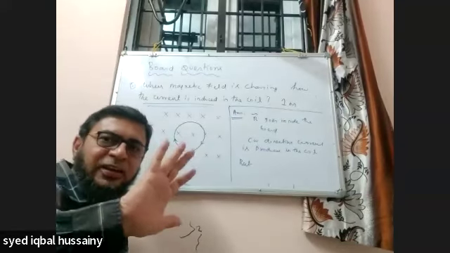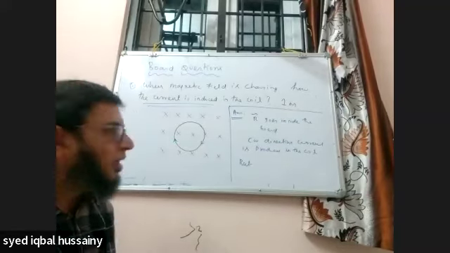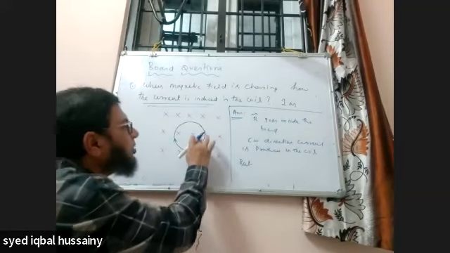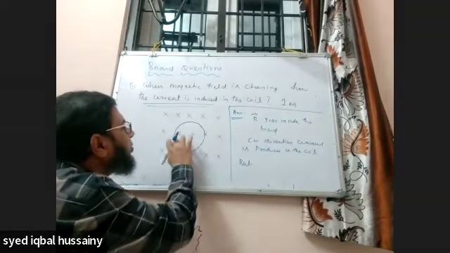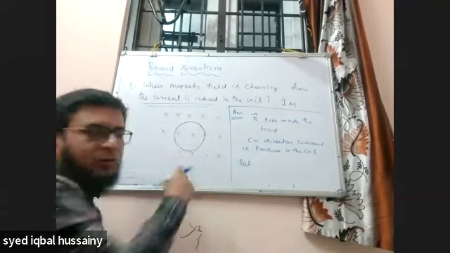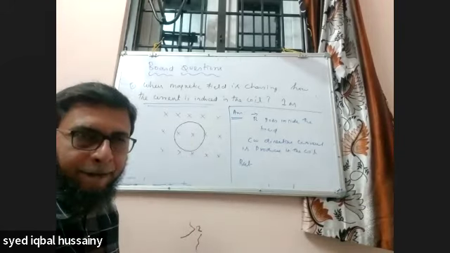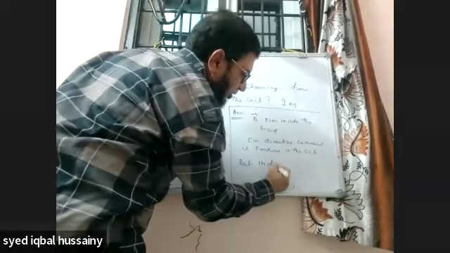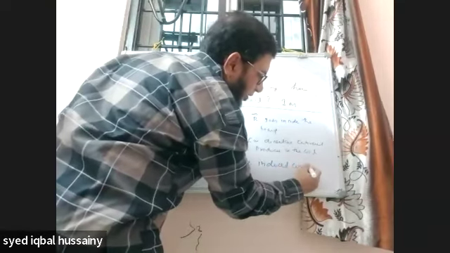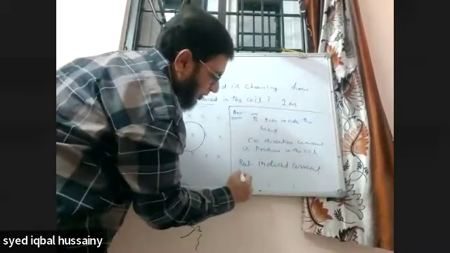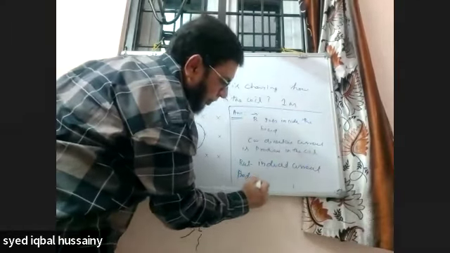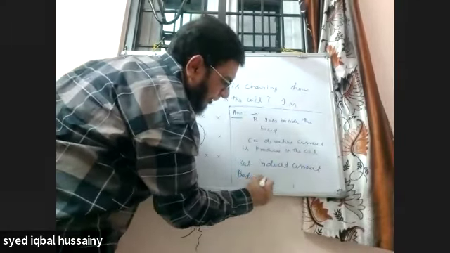You should oppose the cause, so you have to say the opposite. Induced current will be produced in, what is the opposite of clockwise? Anti-clockwise. Yes, very good. So the induced current is produced in the anti-clockwise direction. This is your right answer.